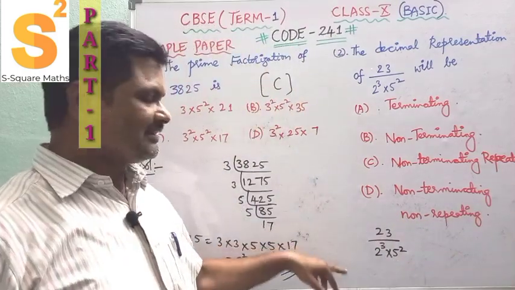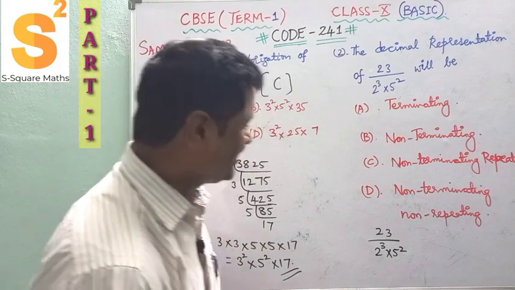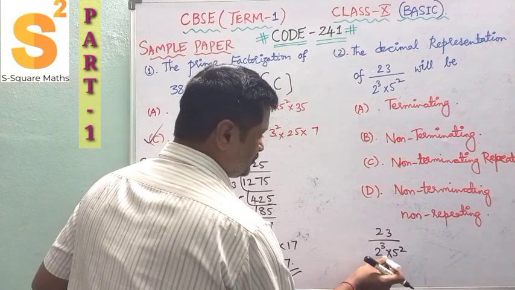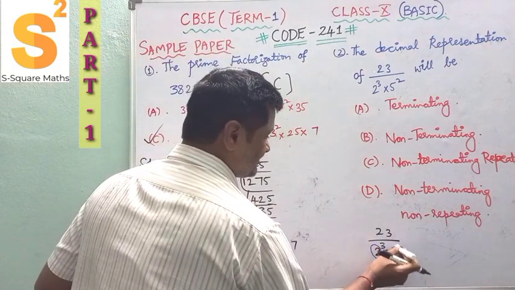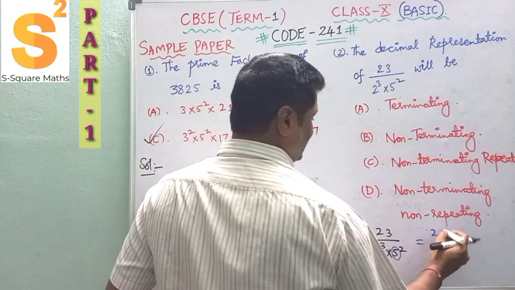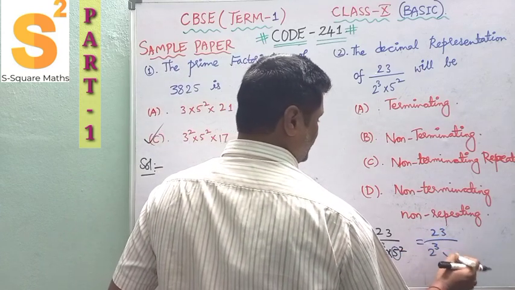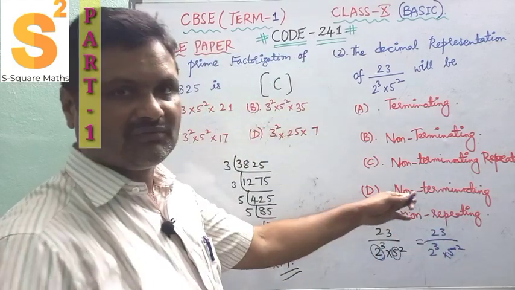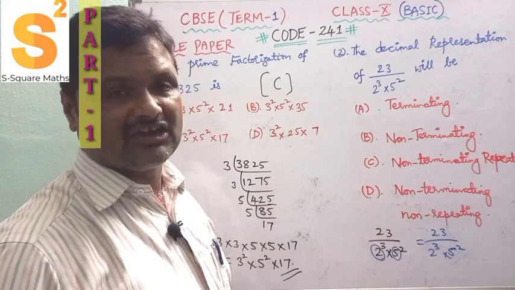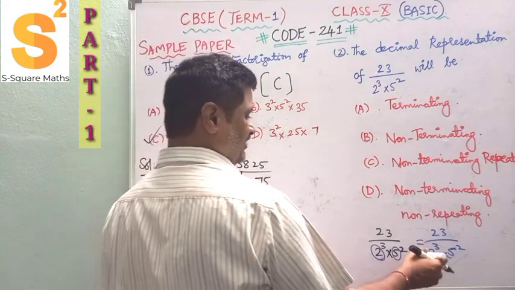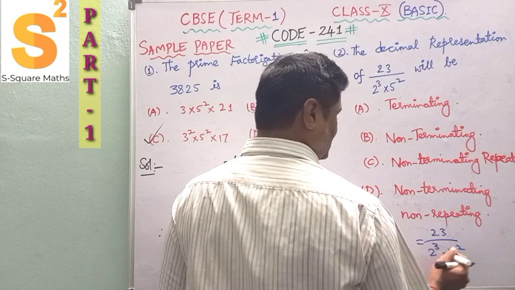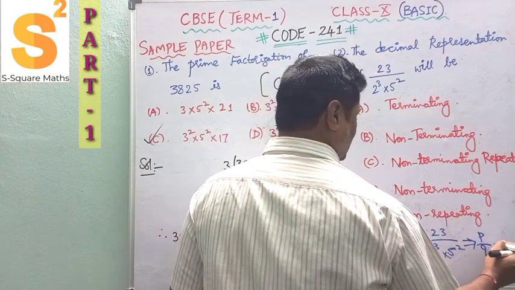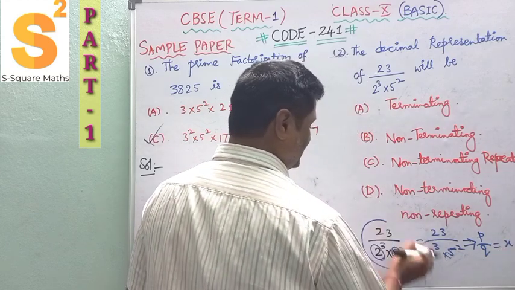If you observe carefully, the denominator takes the form of 2's and 5's. Before that, please check that there is no simplification possible between the numerator 23 and the denominator. Since it is in the form P by Q, equal to X.